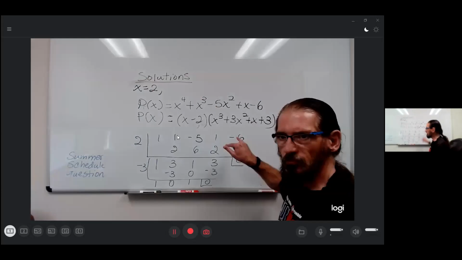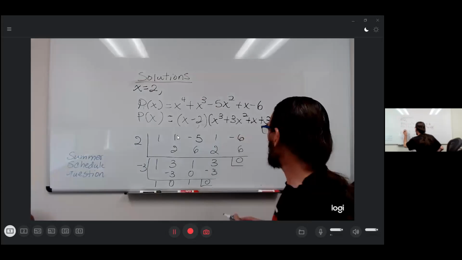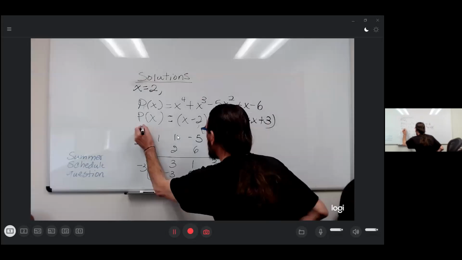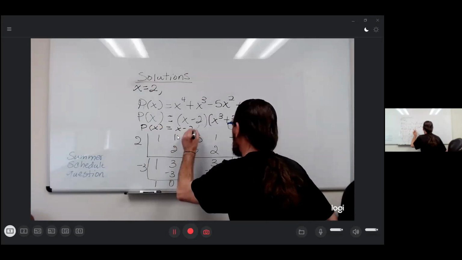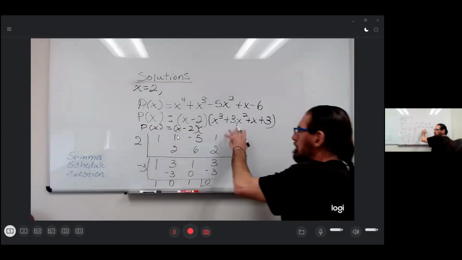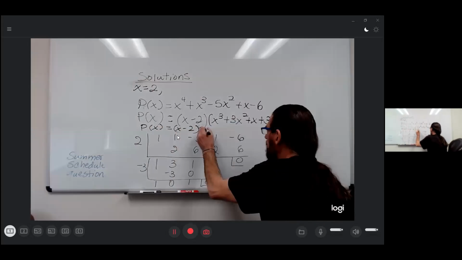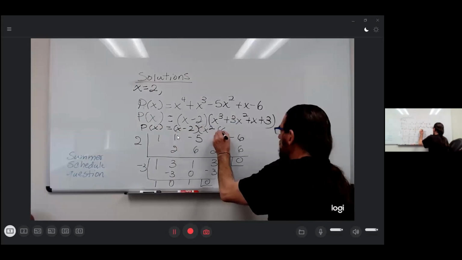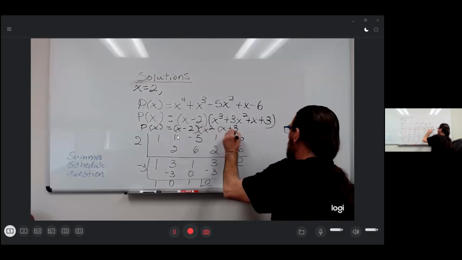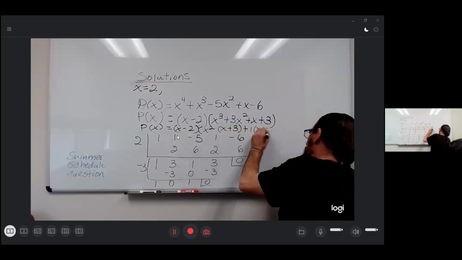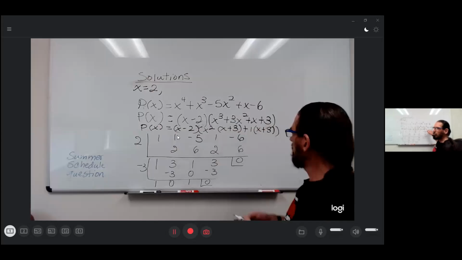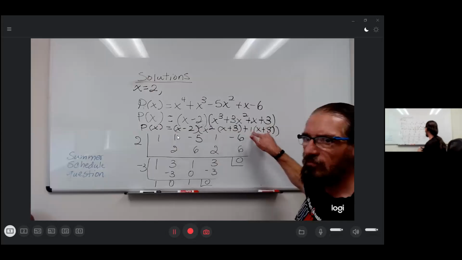That could have also been factored by grouping. Factor out an x squared here, and a 1 here. x plus 3 is a factor of both groups.